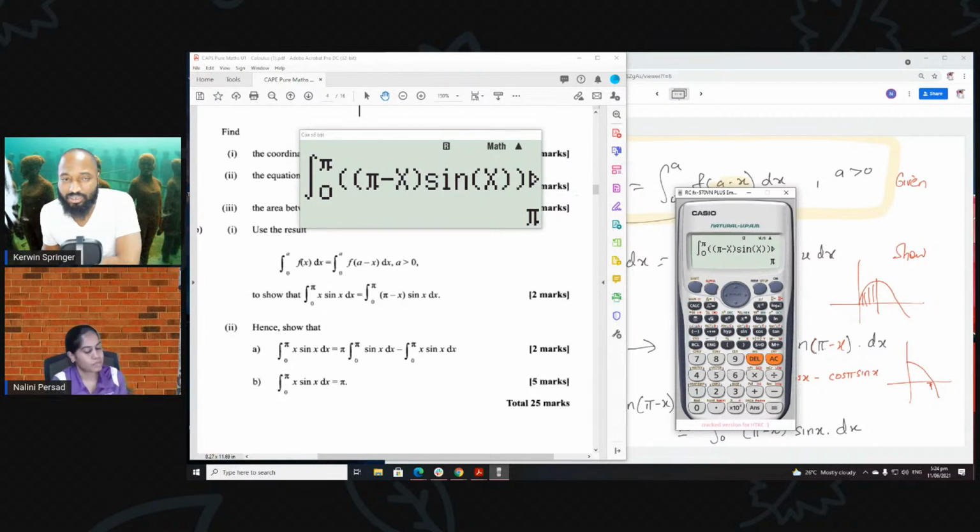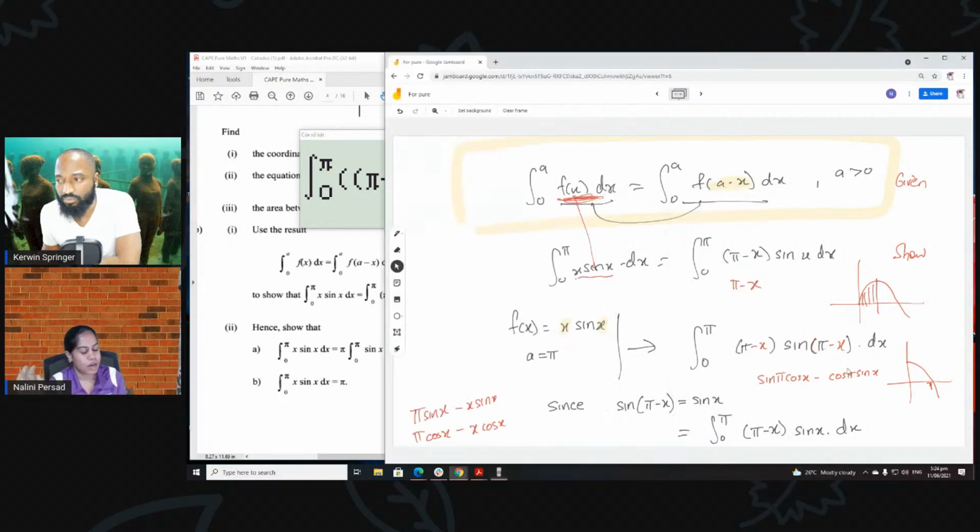How I looked at it was using the right-hand side to prove the left-hand side. But the question states to use the fact about the function f of x dx. I was making a mistake. I was saying sine of pi is 1 and cos of pi is 0.